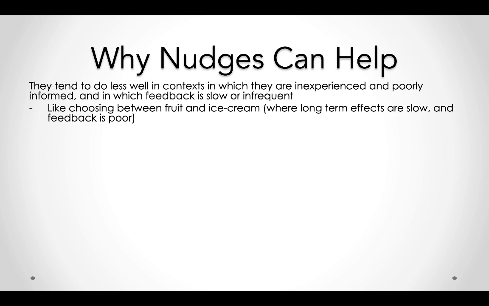Eating a fruit, eating ice cream, you don't get any kind of feedback from your body. You don't feel bad or ill or sick if you eat ice cream, which is supposed to happen over the long term. So if you don't have any feedback like that, obviously you can't decide better. System 2 tells you that fruit is better than ice cream, but System 1, if you remember, prefers ice cream anytime.